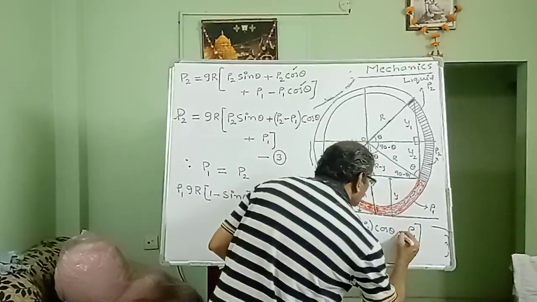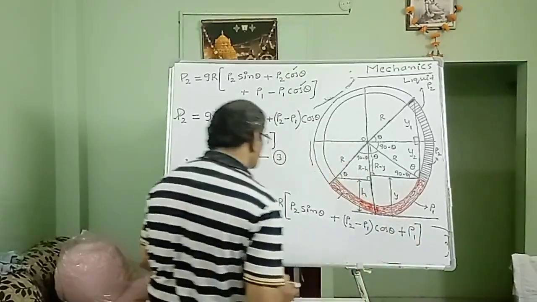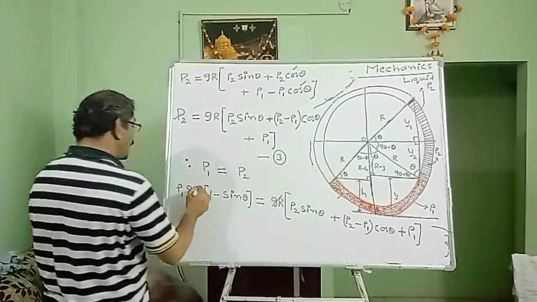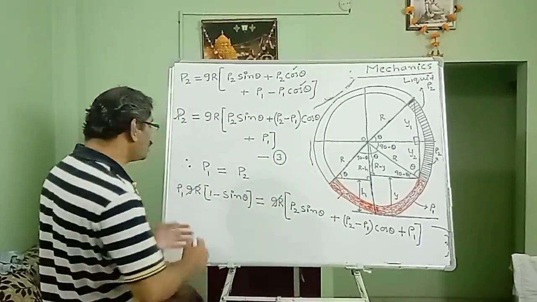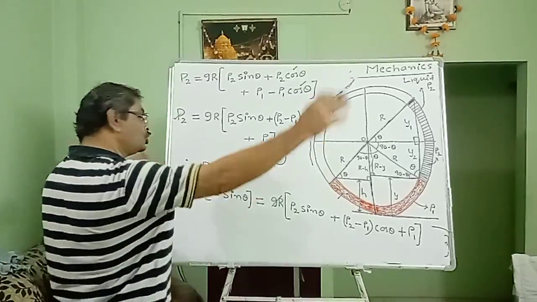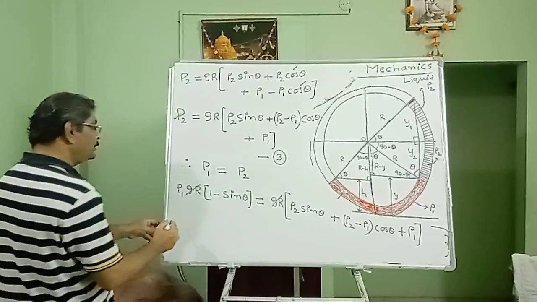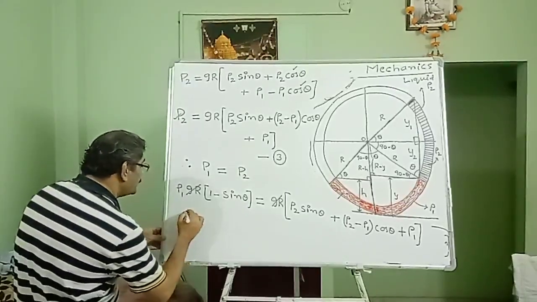So therefore, let us see what is going to happen on either side. Now GR and GR will get cancelled. Now let the bracket be opened. Then what we get?